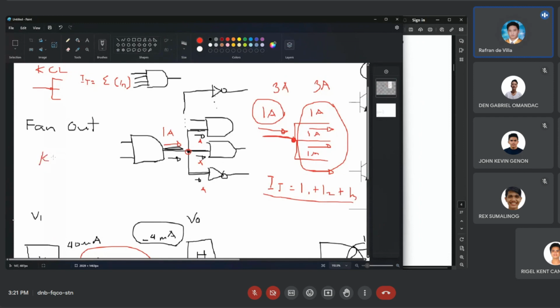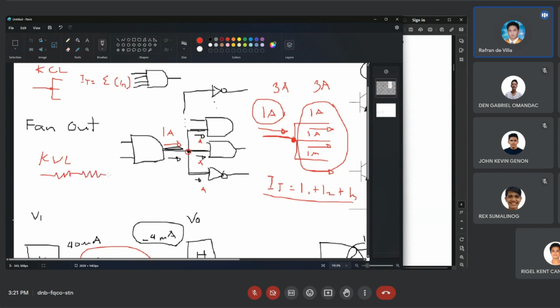Diri sad sa KVL, kung nakaparallel, walay kaso. Pareha raman tanan. Okay? However, when you talk about KVL, particular kina siya sa voltages.